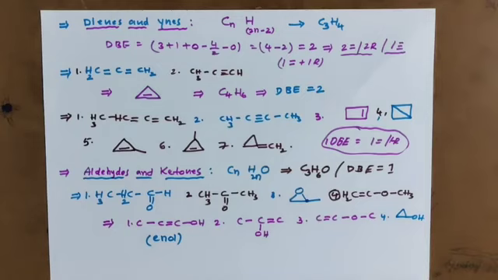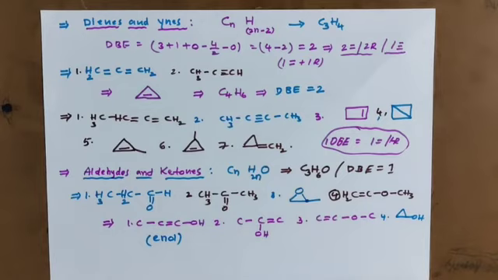So aldehydes and ketones exhibit functional group isomerism with the CnH2nO formula, because their DBE is 1: a double bond or one ring is possible. Here a double bond is there, and here one double bond, and here one double bond, like this.